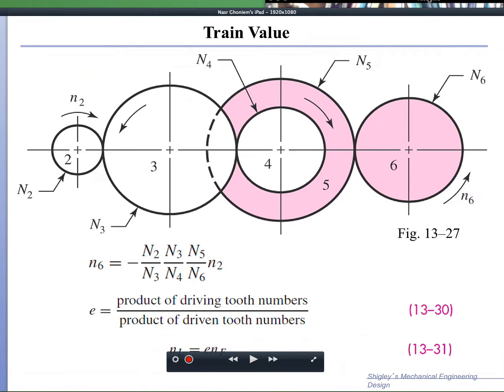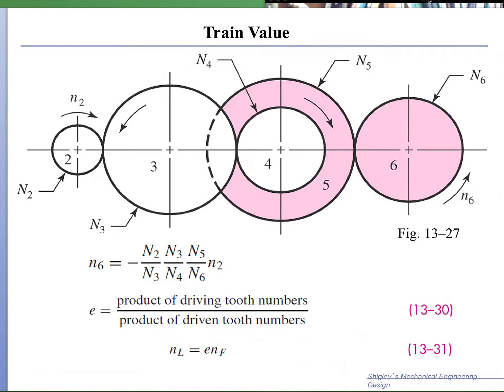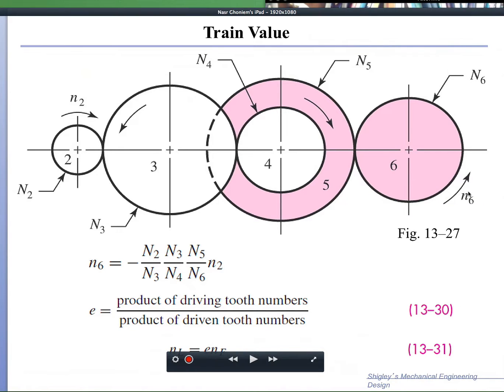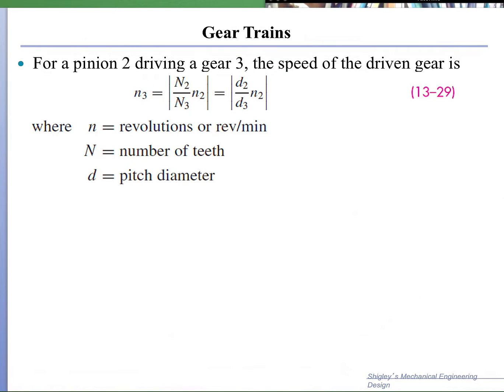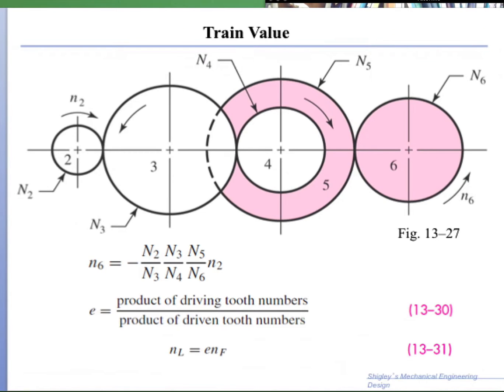If the number of stages is even, we get the same direction of rotation of the output in relationship to the input. The second consideration is that we want to find the RPM of the output shaft given the RPM of the input shaft. From the previous generalization that we discussed, that n times N is equal to a constant, we can apply this to every stage.